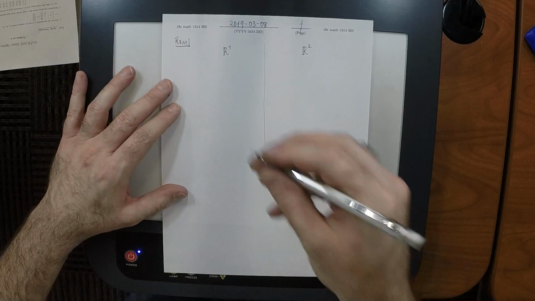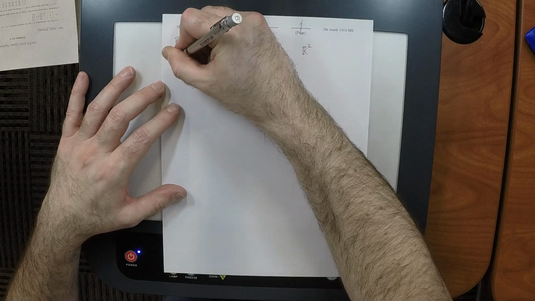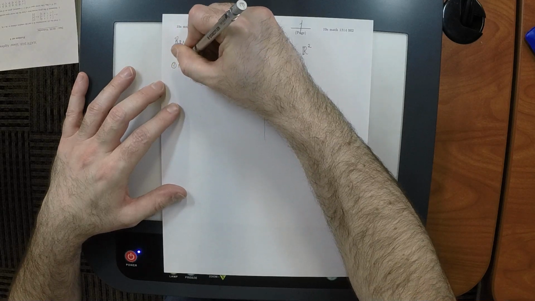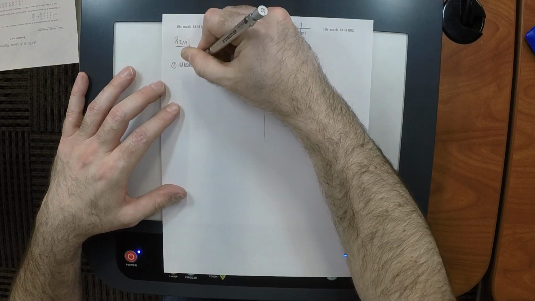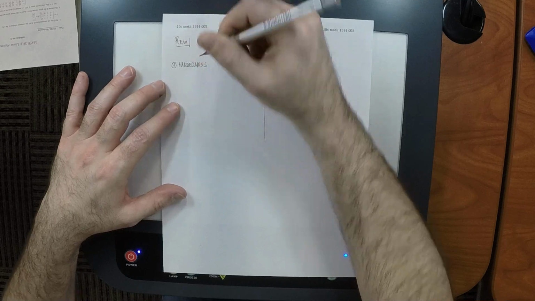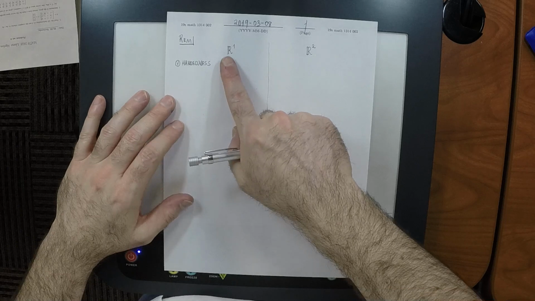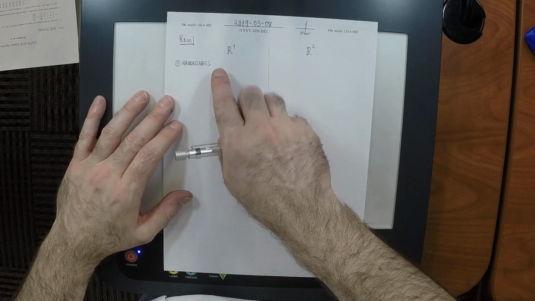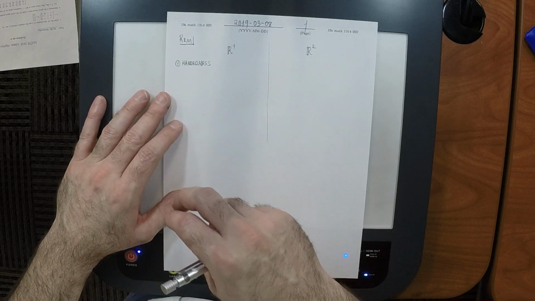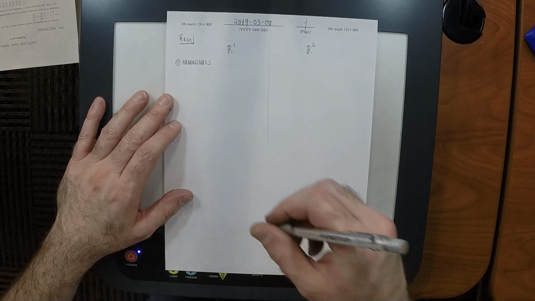We talked about handedness. Concerning these, there's going to be two kinds: left-handed and right-handed.